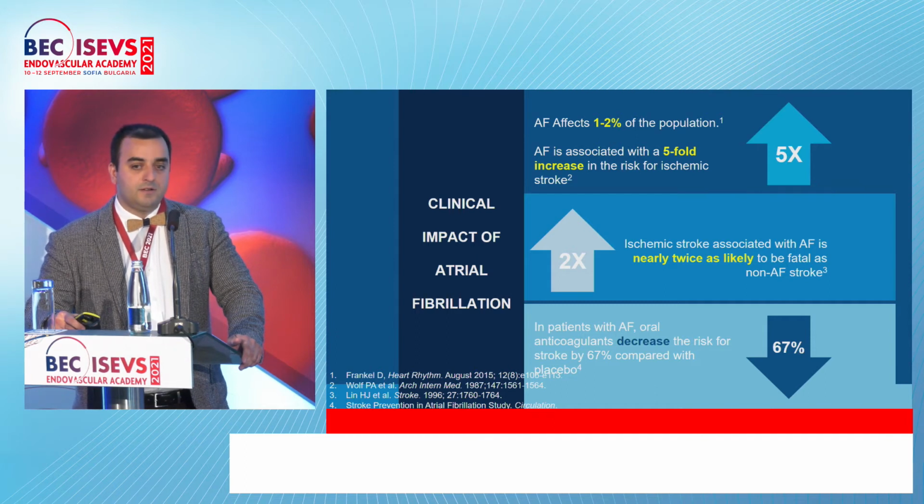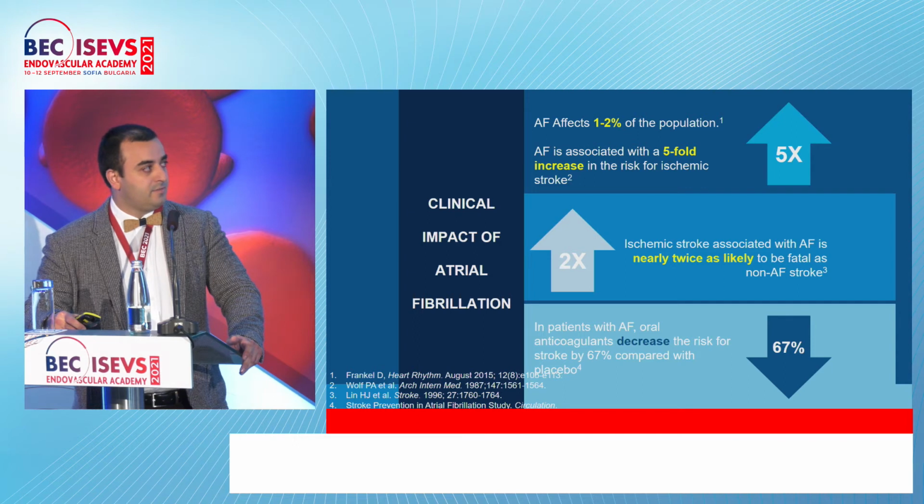And when we have a stroke related to atrial fibrillation, patients are nearly twice as likely to have a fatal stroke compared to patients with a stroke not related to atrial fibrillation.